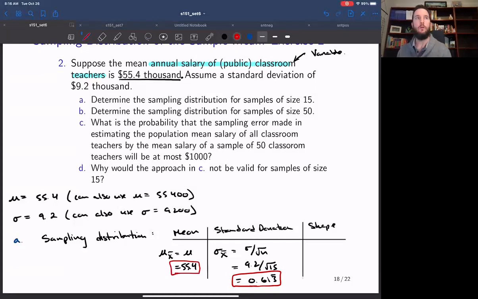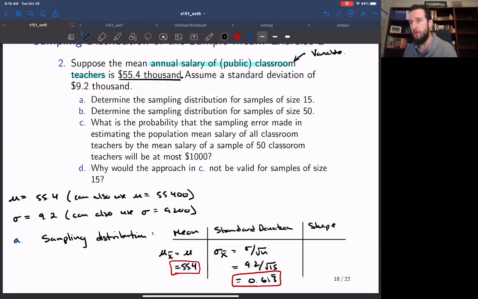Okay, now the shape. The shape is a bit tricky because we don't actually know what the shape of the original population is. We are only given samples of size 15. So from the central limit theorem, we know that we do not have enough information to say that X bar is going to be approximately normal, as the central limit theorem requires that we have at least 30 observations in order for X bar to return to normality.